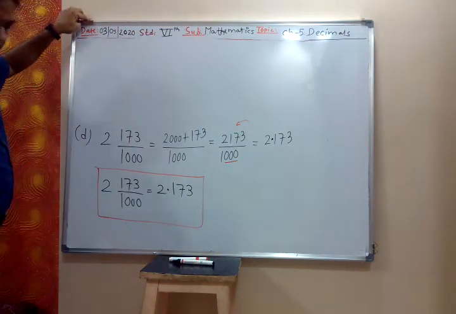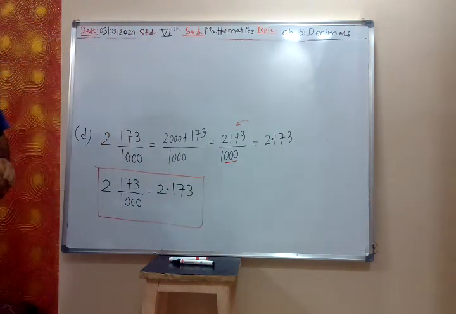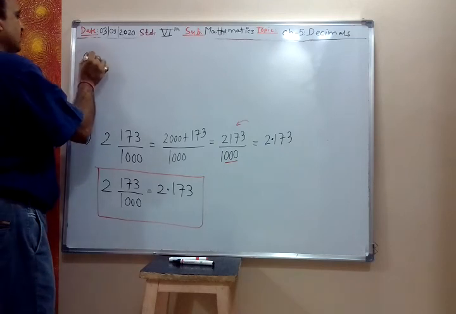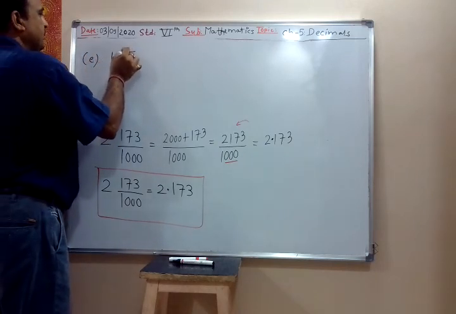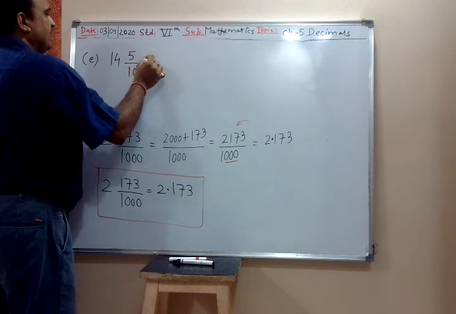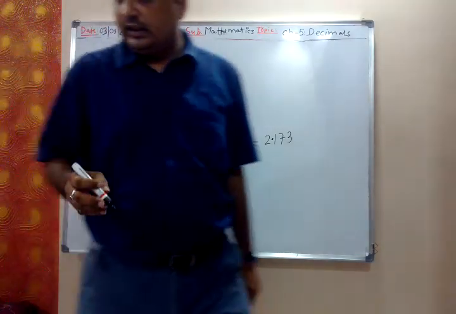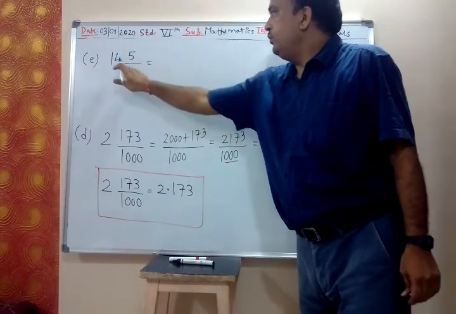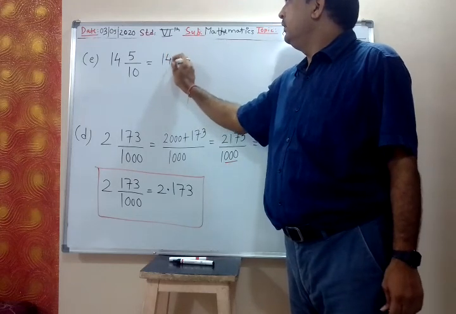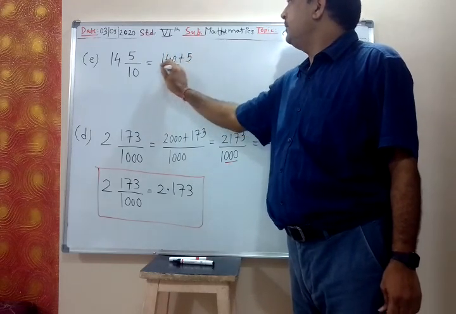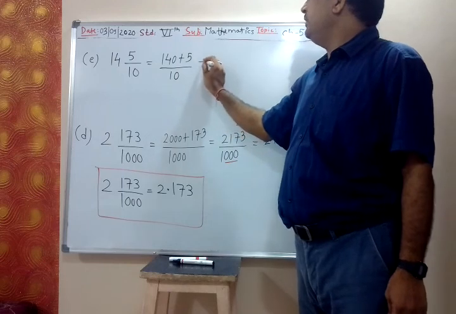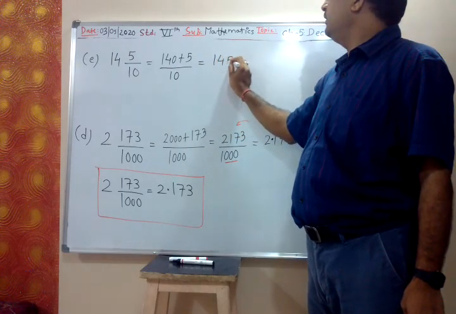E part. 14 is to 5 upon 10. Simplify this mixed fraction. So 10 into 14, 140 plus 5 upon 10. 140 plus 5 is 145 upon 10.